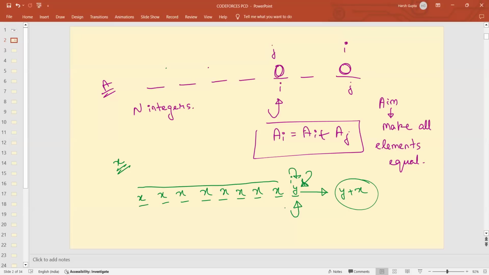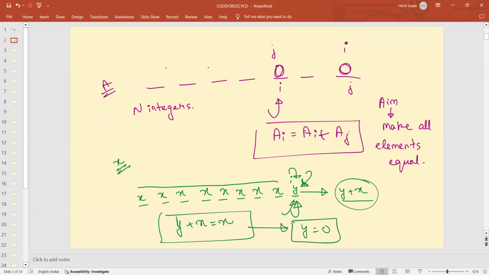So the value that you are going to write at this index i is y plus x. Now, when will y plus x be equal to x? It will happen only when y is equal to 0. This x gets cancelled, so y is equal to 0.